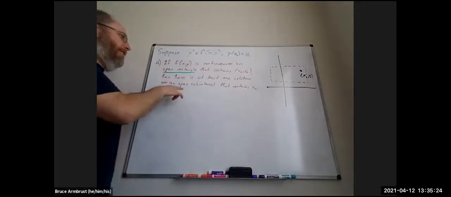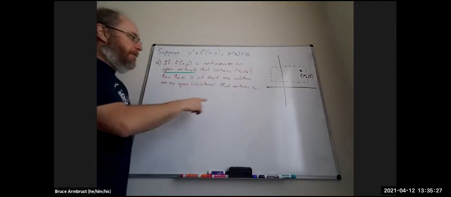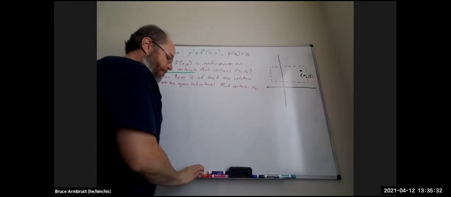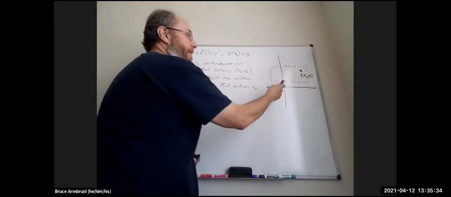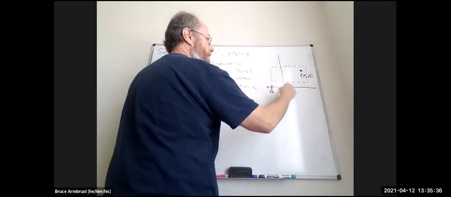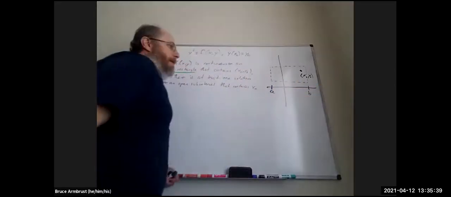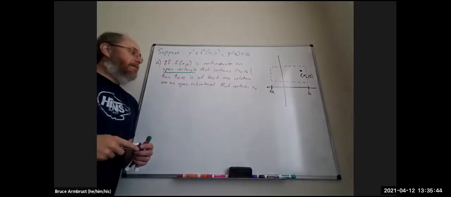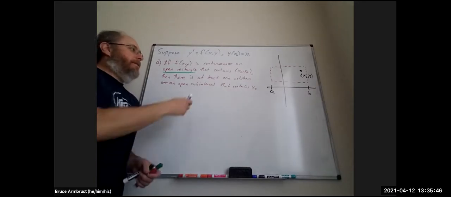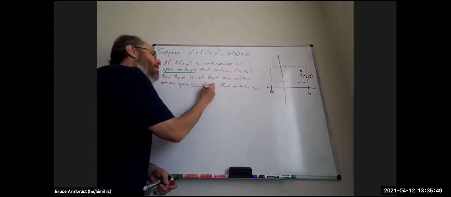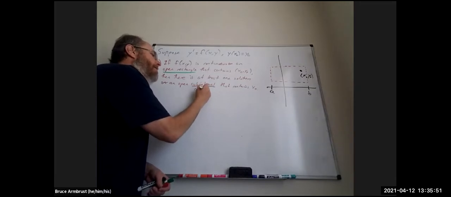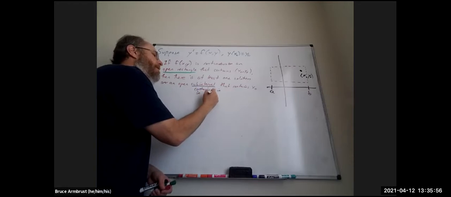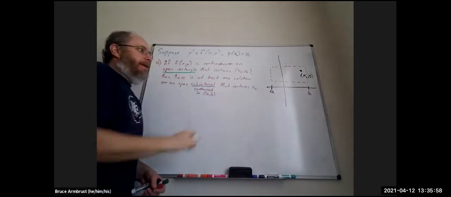And when I say the solution is over an open subinterval that contains x naught, let's say this rectangle goes from a to b on the x-axis. That would be the interval of x. A subinterval just means that this is contained in the interval a b.